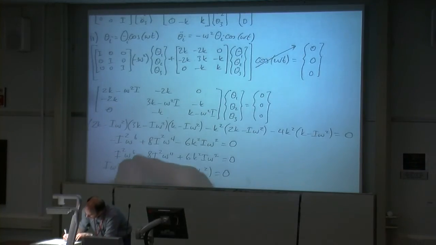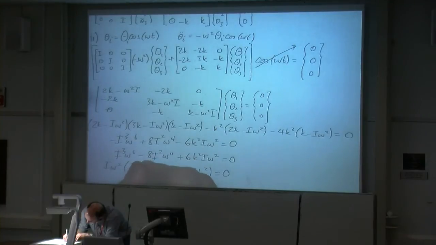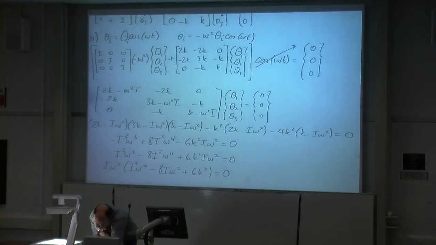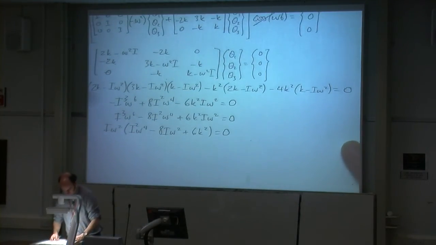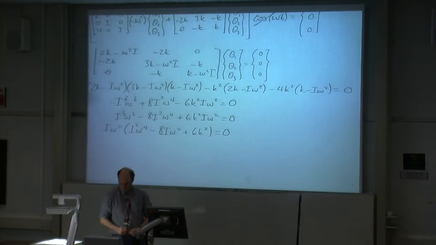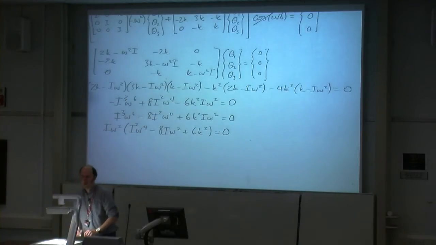This was omega 4, actually. Apologies. Here. So this equation is only true if this equals 0 or this equals 0.